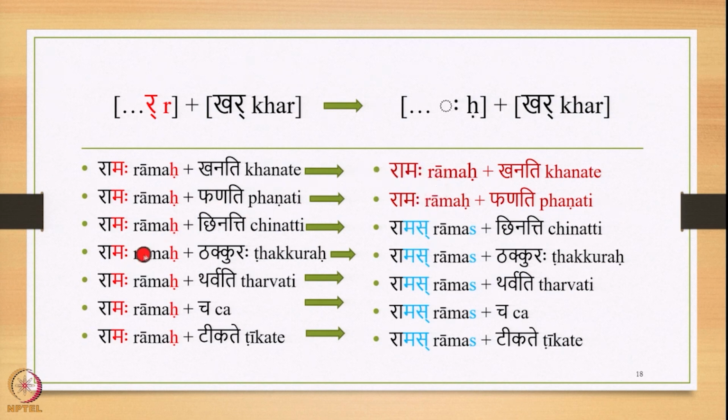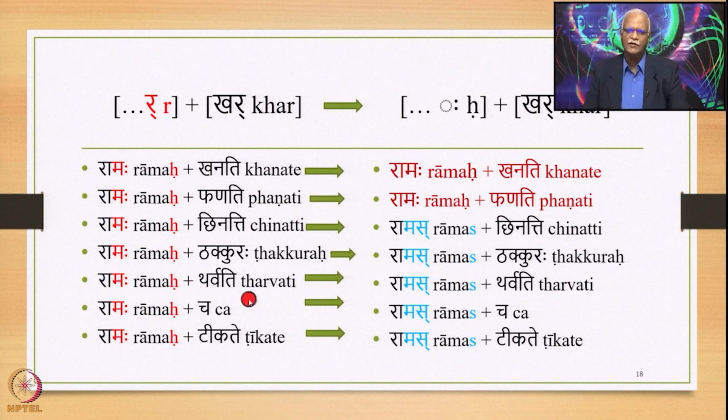Let us first of all go to Ramaha plus Chinatti, and the output generated is Ramas plus Chinatti. So this visarga is substituted by s because this visarga is followed by ch, which is a khar. So Ramas Chinatti. Similarly, Rama plus Thakuraha and visarga is substituted by s, so we have the output Ramas Thakuraha. There is further processing that is going to happen. Shtunashtuhu is going to apply and is going to convert this into something else.